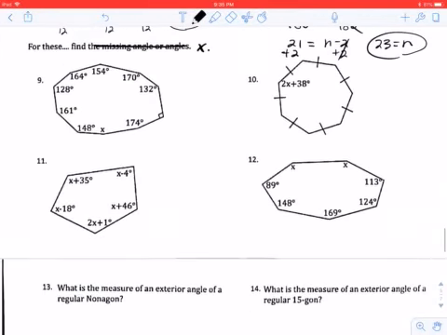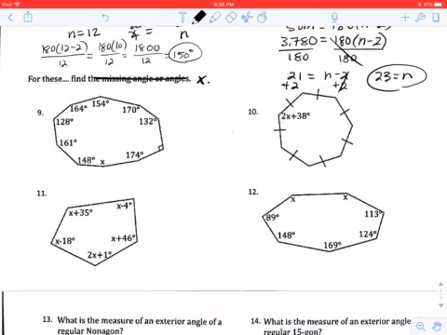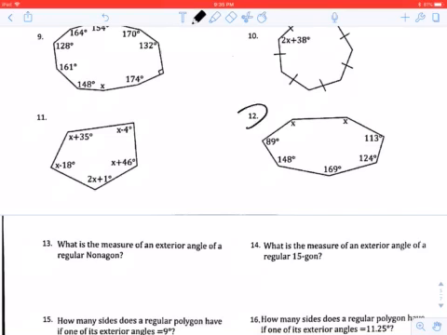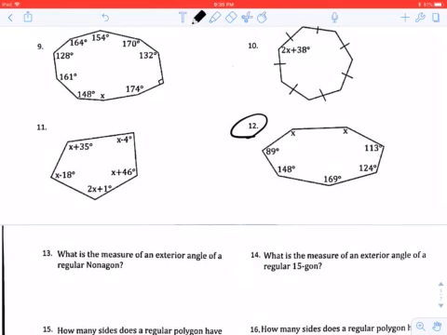So that's 1, 7, 8. Then I'll do one of these and then I'll pause the video. Let's look at one like number 12. What you need to do for all of these is first figure out the sum of the interior angles by using my formula. You count the number of sides, which you can do by counting the angle measures: 1, 2, 3, 4, 5, 6, 7.